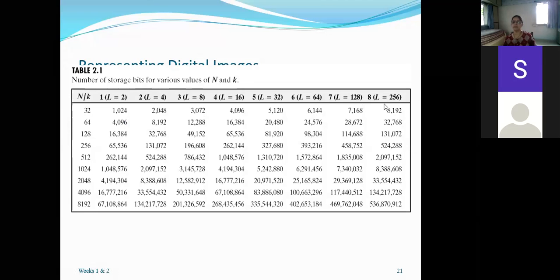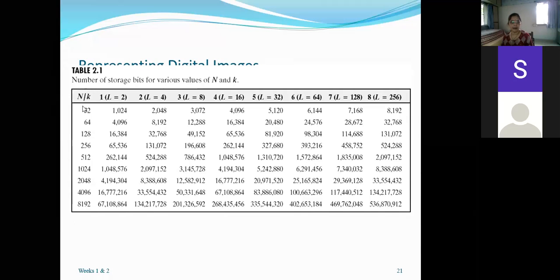So with this table, you can get an idea that any image processing application requires a huge amount of storage, right? When your image size is 32 by 32, and you are using 1 byte or 8 bits per pixel, you need 8192 bits to store that image.